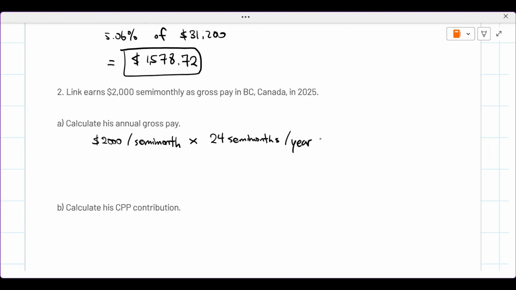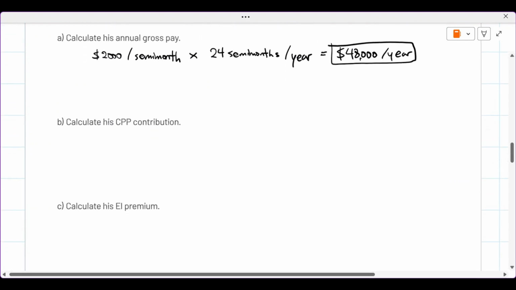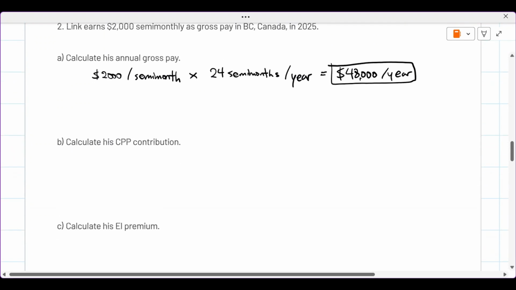Semi-monthly means you get paid twice a month, which means 24 times a year. Bi-weekly means you get paid every 2 weeks, and there's 52 weeks in a year, so there's a total of 26 bi-weeks. So 2,000 times 24 is $48,000 per year. Link's annual gross pay is $48,000 per year. Doesn't make sense because Zelda is a princess and Link is just an employee.